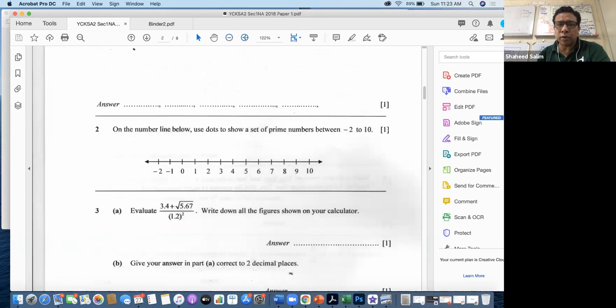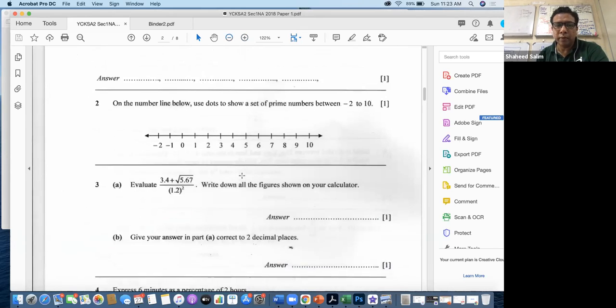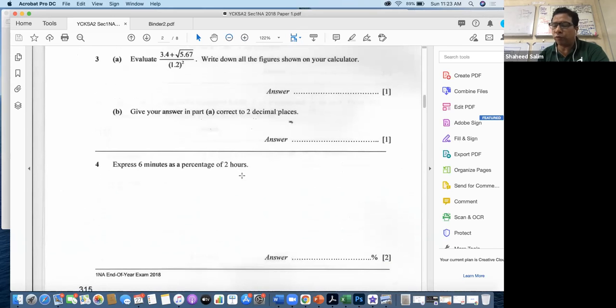Okay, the number line is something you can do as homework. All right, number 3 is to do as homework. We try number 4 straight. Can you try number 4?